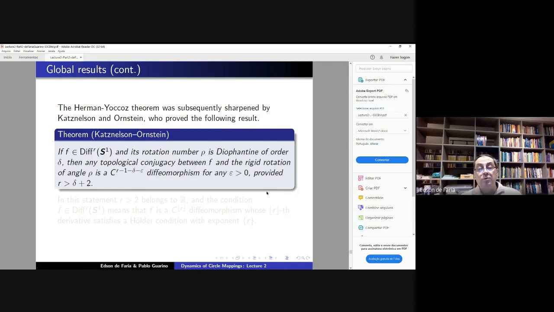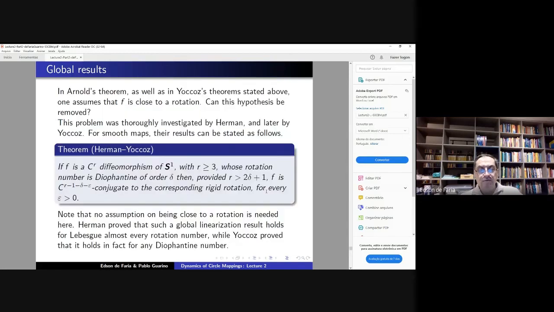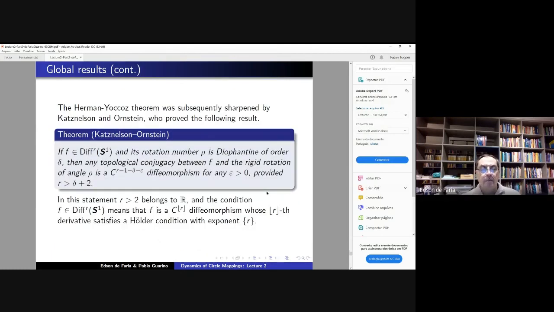It's 2 plus delta, where delta is the order of the Diophantineness of rho, okay? The main difference is that you no longer need to assume that R is greater than or equal to 3. So this proof does not use the Schwarzian, okay? And there's this comment here at the bottom saying what it means for a map to be C^R when R is not an integer, okay?